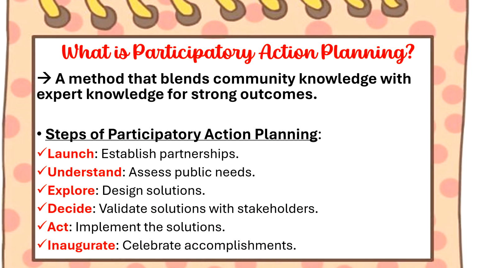Lastly, inaugurate. Celebrate accomplishments. Hold a simple ceremony or post online to recognize the community's teamwork. Participatory action planning reminds us that real progress happens when people plan, act, and succeed together.